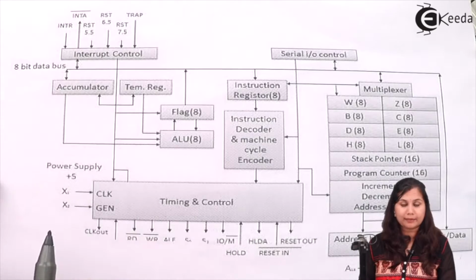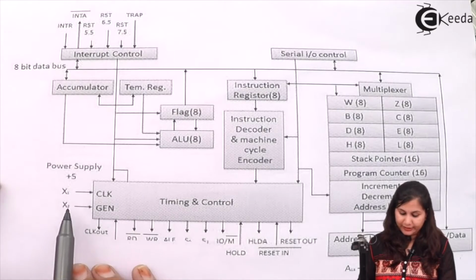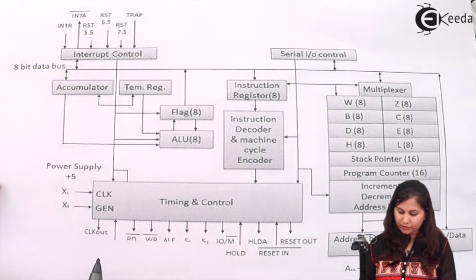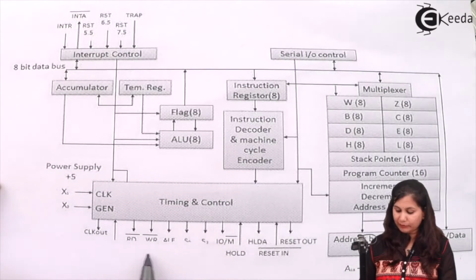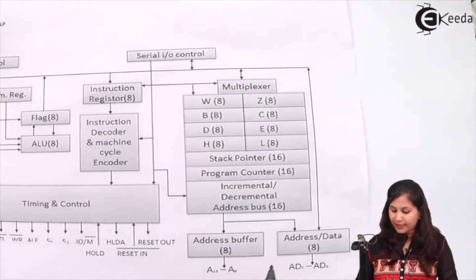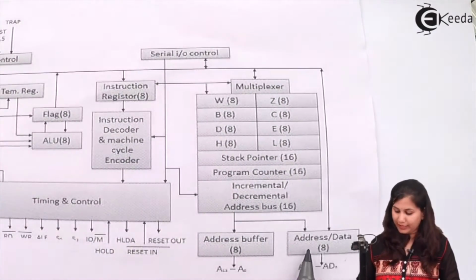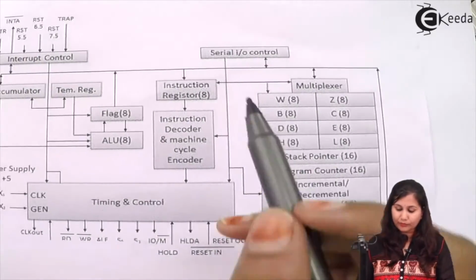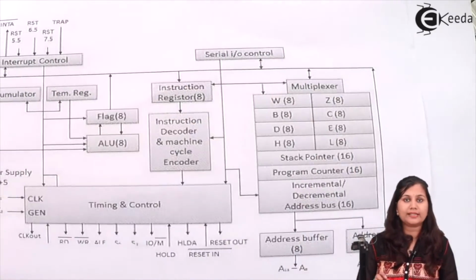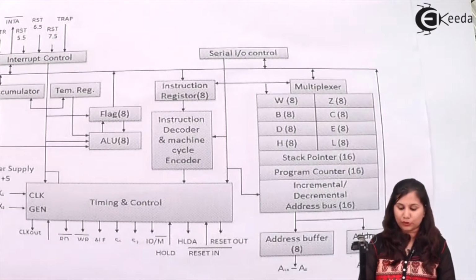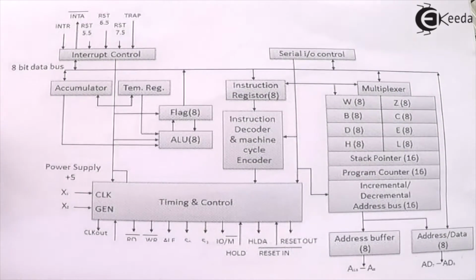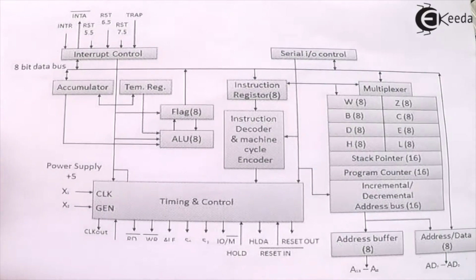It is the power supply. Here the crystal is connected, X1 and X2, clock generator, clock out. These are the various timing and control signals. Here we have the address buffer and the address and data buses. And here we also have the serial input output signals. So let us study each block of this diagram one by one.